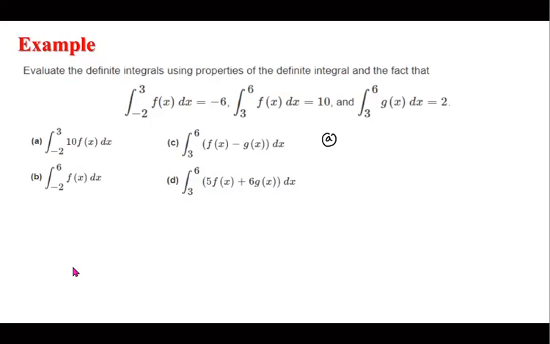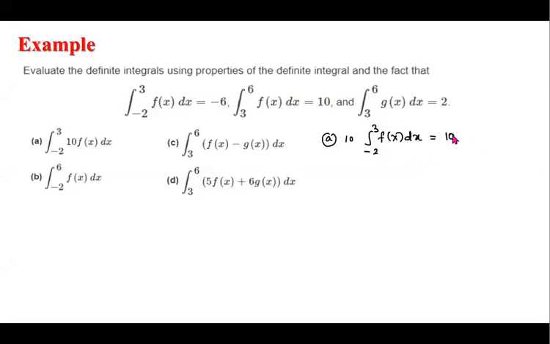In A, we are asked to evaluate this definite integral from -2 up to 3 of 10 times f of x. So 10 is a constant multiple. We can take that 10 out, so that will be equal to 10 times the integral from -2 up to 3 of the function f of x, which is equal to -6.